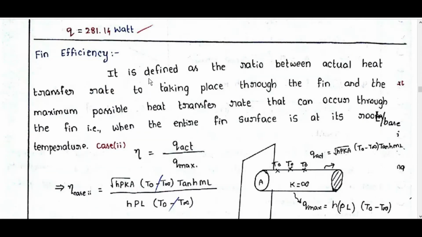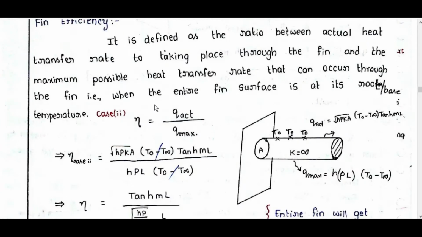Okay. Fin efficiency. It is defined as the ratio of the actual heat transfer rate taking place through the fin and the maximum possible heat transfer rate that can occur through the fin, that is when the entire fin surface is at its root or base temperature.